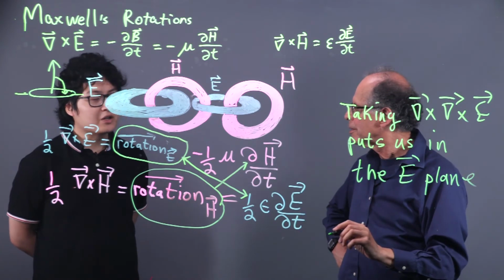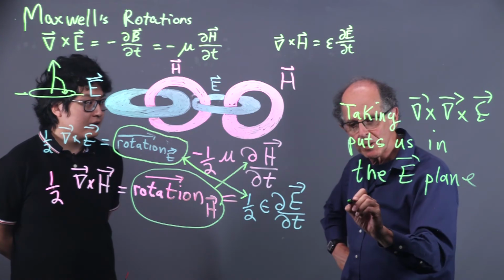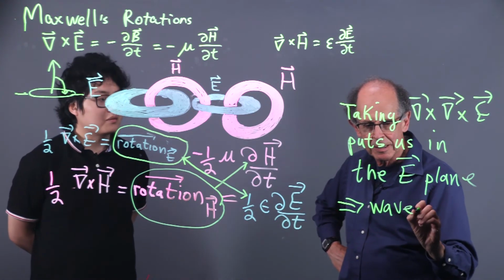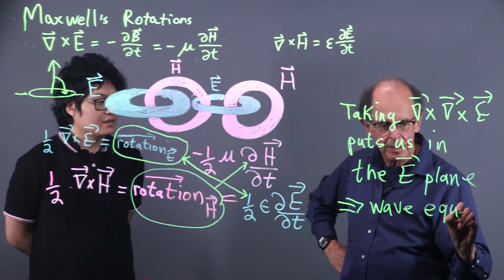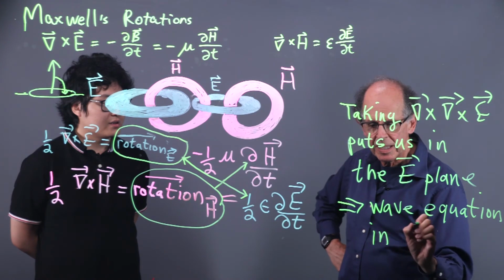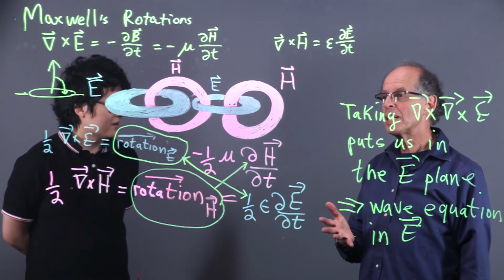Then does it mean by doing the curl of E, we could get the wave equations? Then we're going to get a wave equation in E. And you can do the same with H.